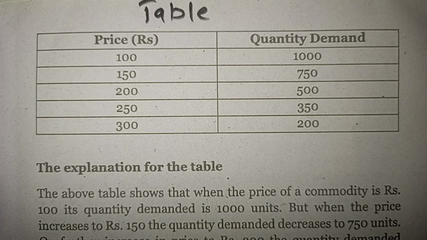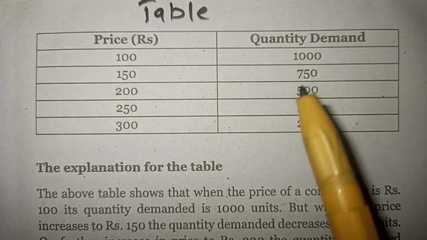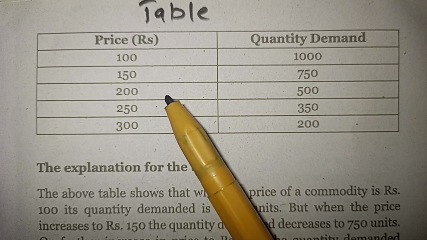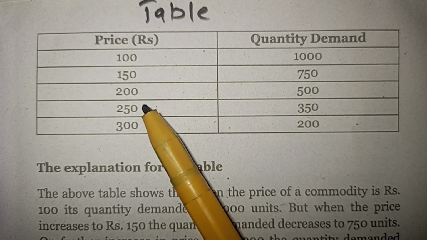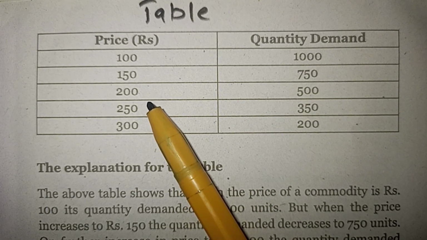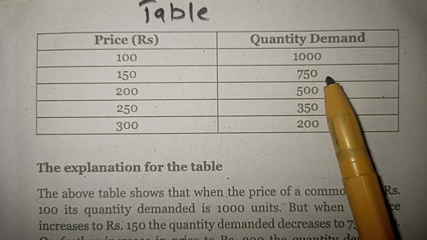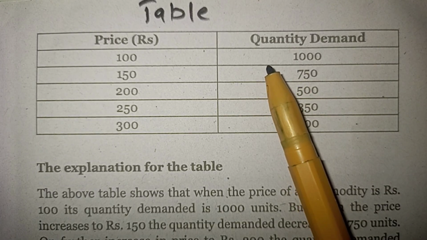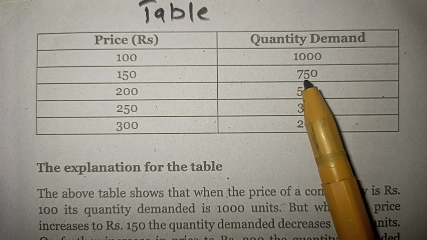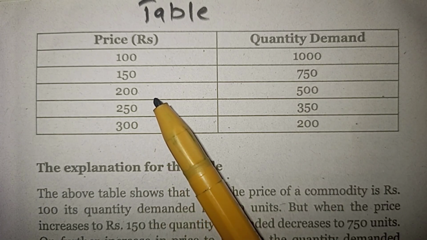We make a table with two columns. The first column describes the price and the second column describes the quantity demanded. The table shows different amounts of demand at different price levels.